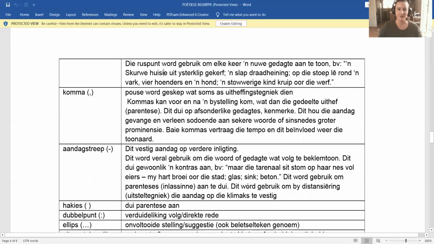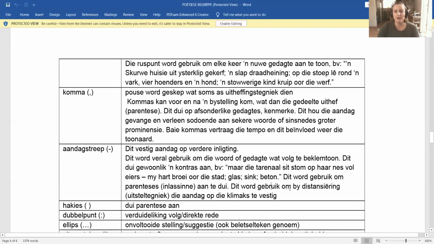An aandagsstreep is like, hello, I want your attention, literally pointing towards the little sentence. So, for example, maar die tarennaal sit stom op haar nes vol eiers, and then streepie. Okay, pay attention to the sentence. My hart broei oor die stad, glas sink beton.